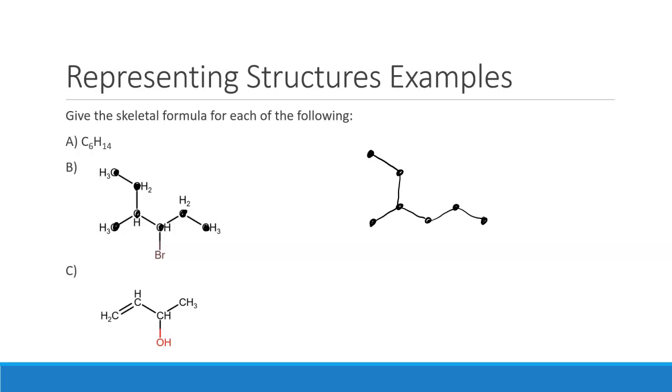So my structure should look very similar to the beginning, just taking out those carbons and hydrogens and leaving the bonds. And then underneath I have a bromine. And then drawing it without the dots, which is the way you want your final answer to look. Should look something like this.